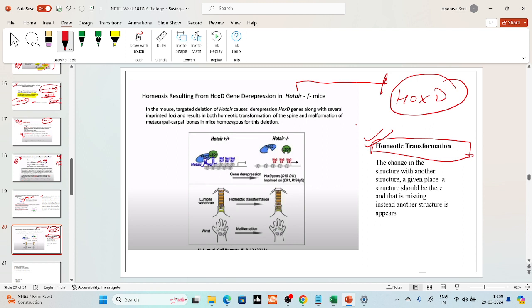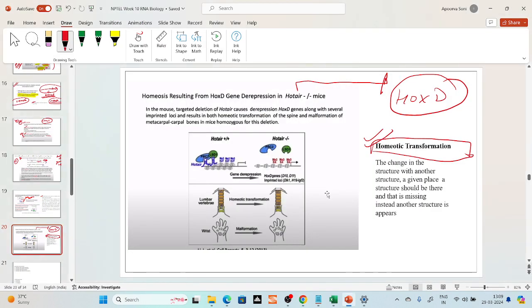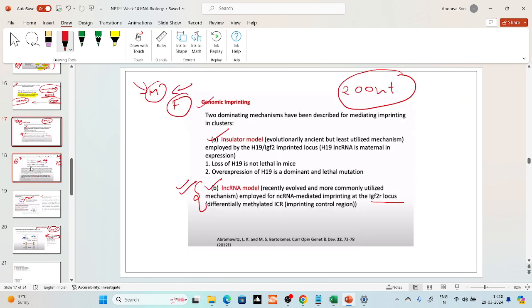Okay. So, is this clear to everybody? What I was trying to tell? So, basically, what we read is that long non-coding RNAs play a very important role in genomic imprinting. And this was explained by taking the example of the HOX gene.